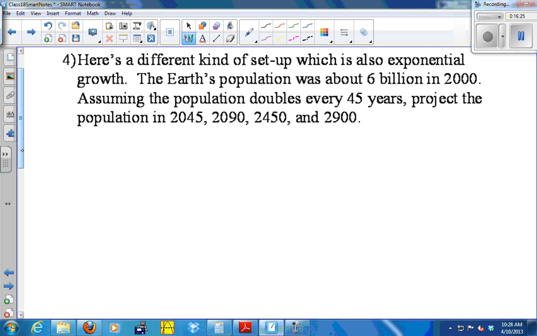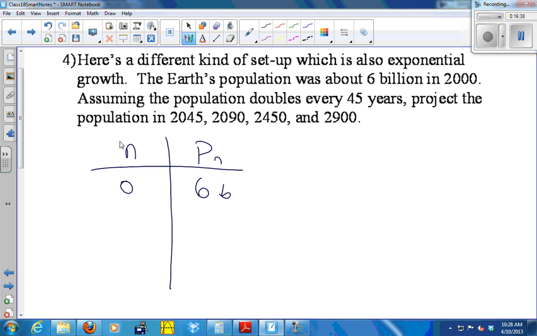All right, so let's see. We've got the year n and the population P sub n. In year 0, my population is 6 billion. And rather than writing out 9 zeros to represent billions, I'm going to just put a little b for billions. At my next transition, which I'll call 1, which is actually the year 2045, I'm going to double.